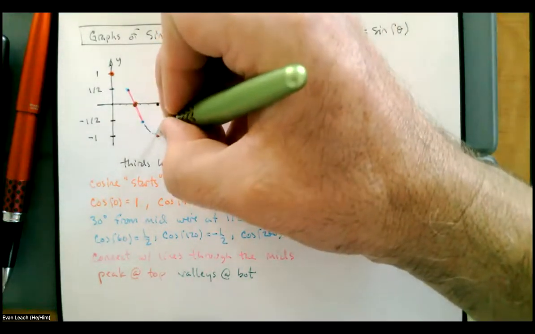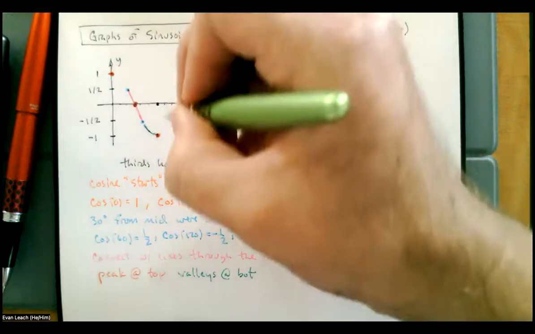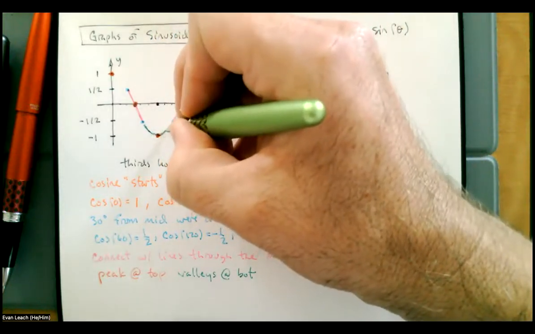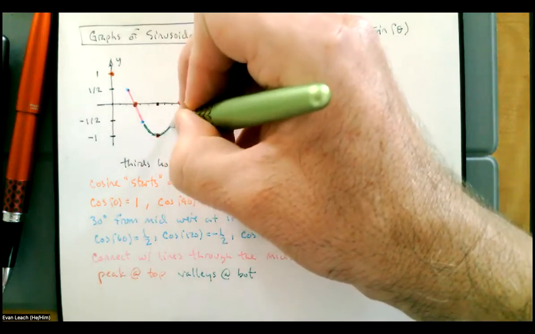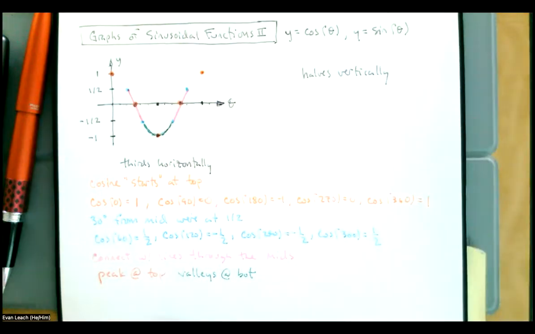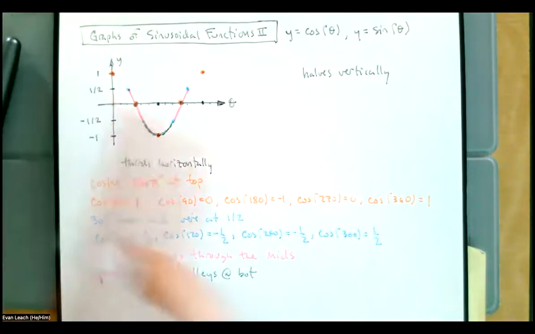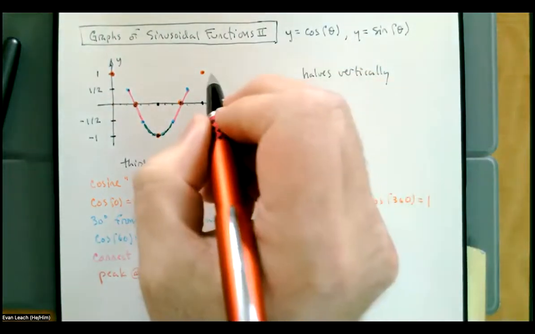We just kind of bend these through the valleys, make sure it's flat at the bottom. And then we'll draw peaks at the tops.